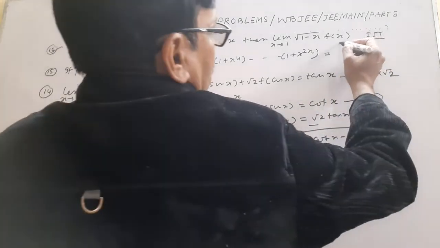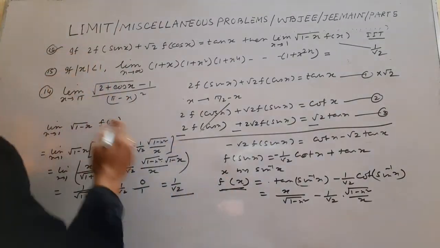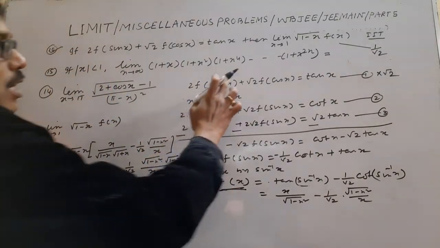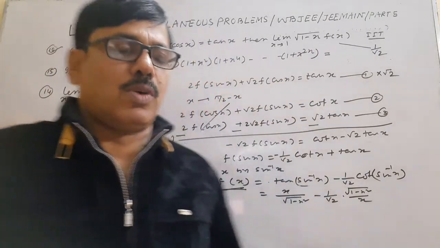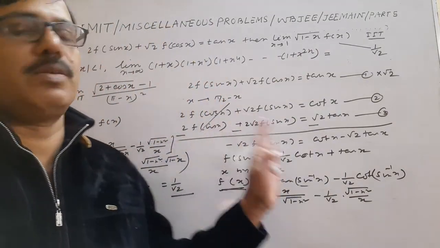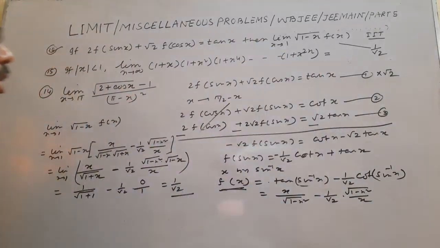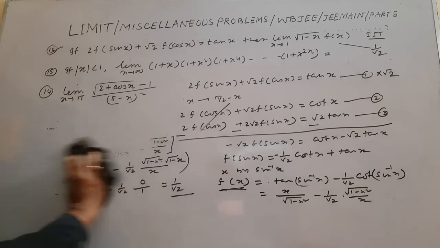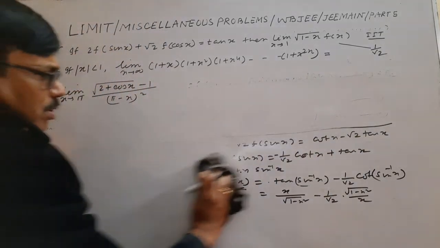The value of the limit is 1/√2. So actually it is a functional relation: from the functional relation we have to find f(x), then find the limit. Next, problem number 15. This is a simple problem.